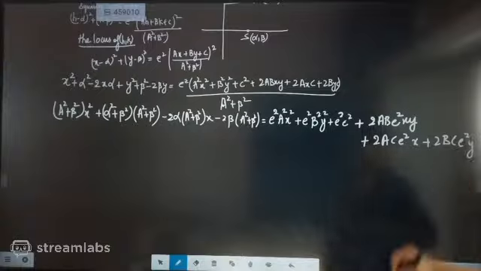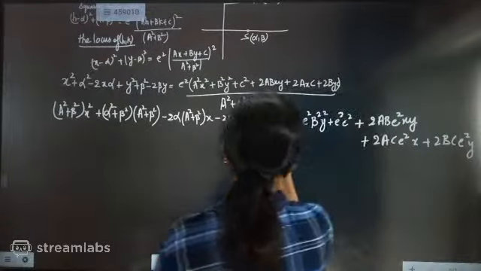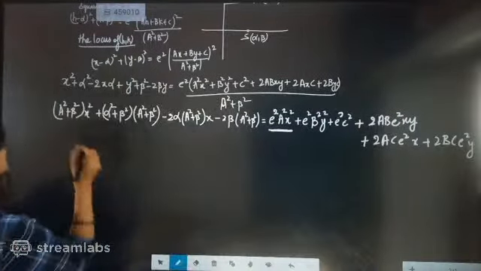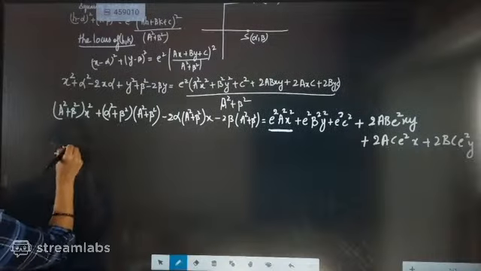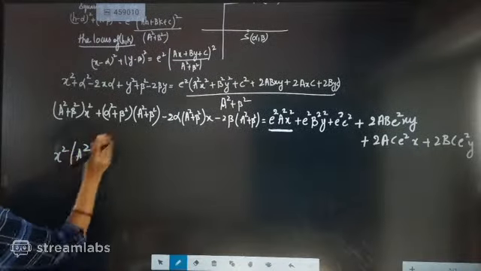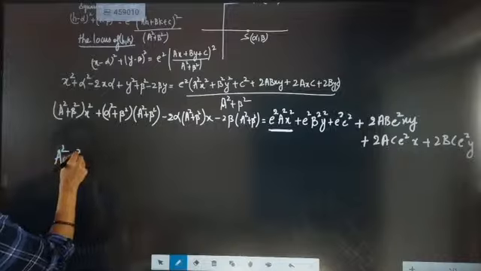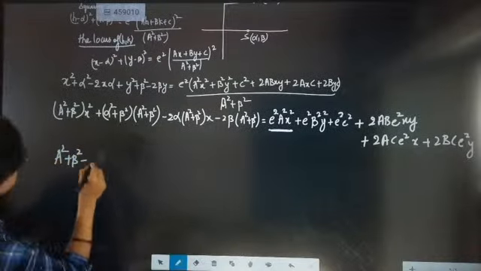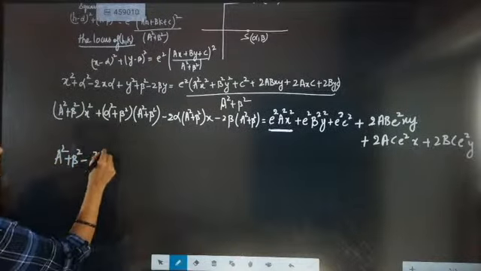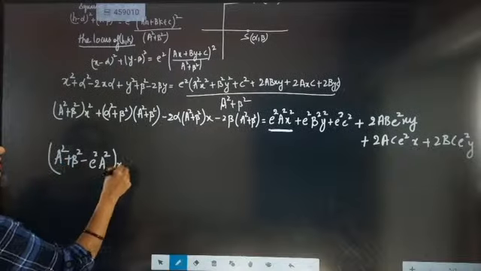e square y. Now once you shift this x square coefficient this side, it will become x square, I'm just writing this as a square plus b square minus e square a square x square.